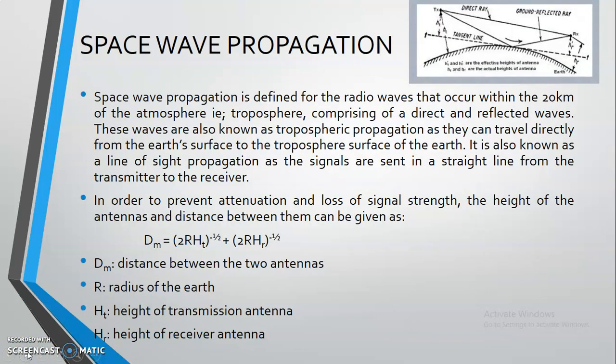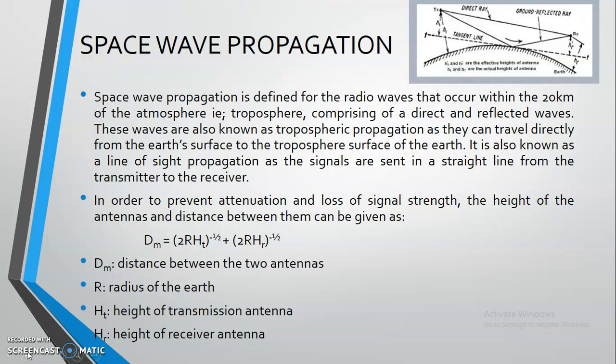Space wave propagation is defined for the radio waves that occur within 20 km of the atmosphere, that is the troposphere, comprising of direct and reflected waves. These waves are also known as the tropospheric propagation, as they can travel directly from Earth's surface to the tropospheric surface. It is also known as line of sight propagation, as the signals are sent in a straight line from the transmitter to the receiver.